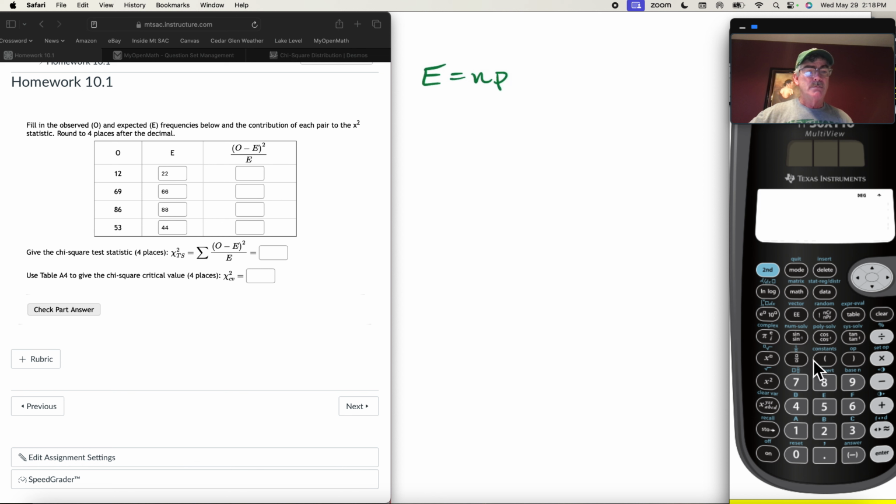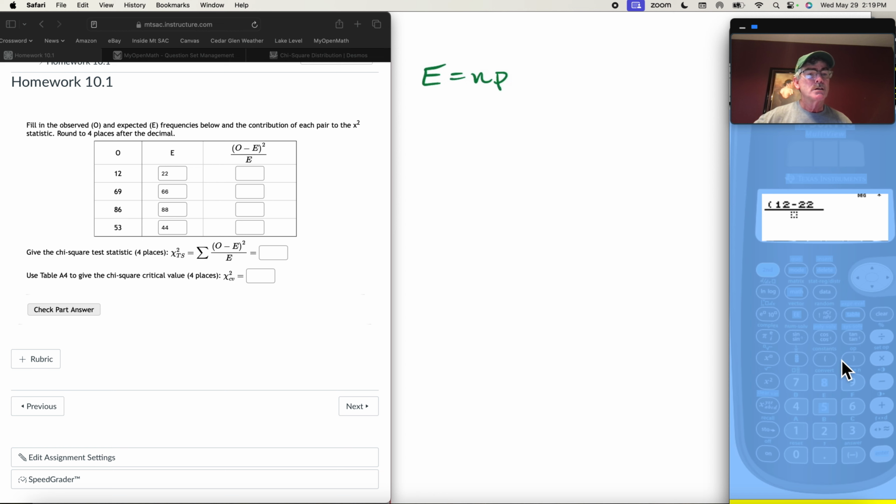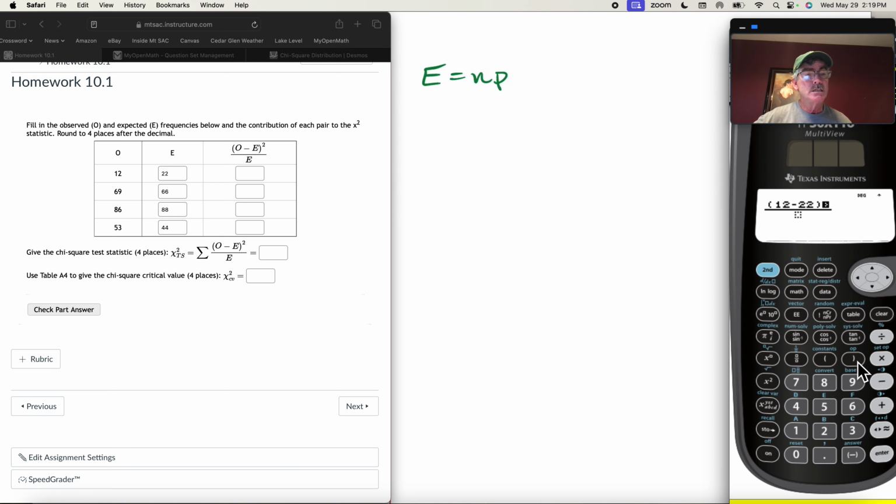On the first one, the O is 12, so put it in parentheses, 12 minus 22, close parentheses and square, and then divide by E, which again was 22. I always put a decimal here unless you want it to come out as a fraction, so it'll come out in decimal.